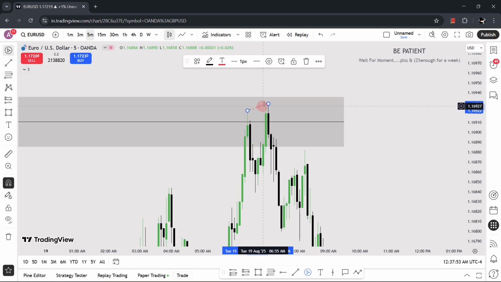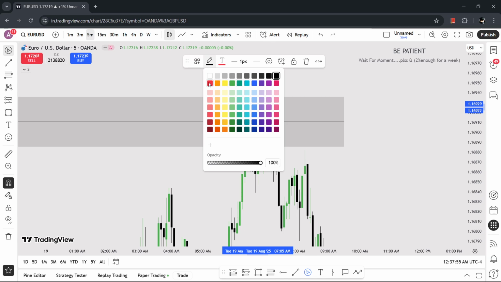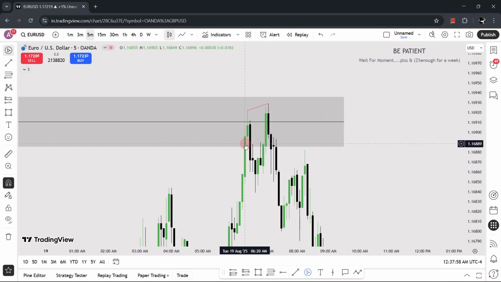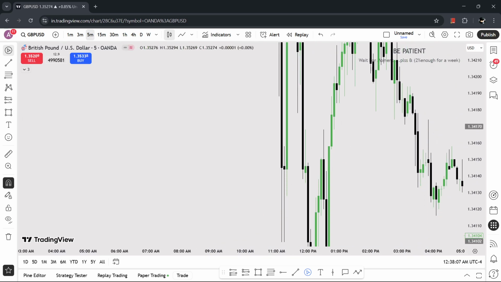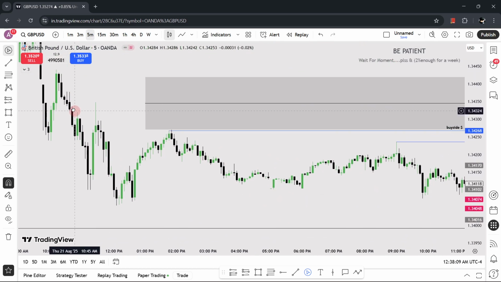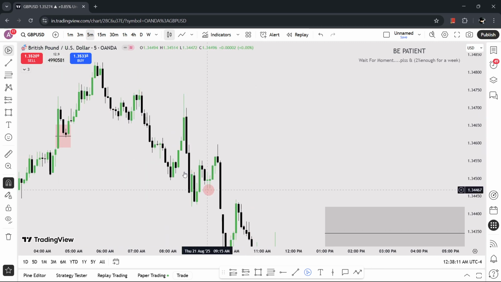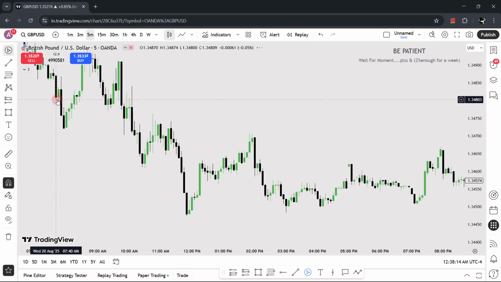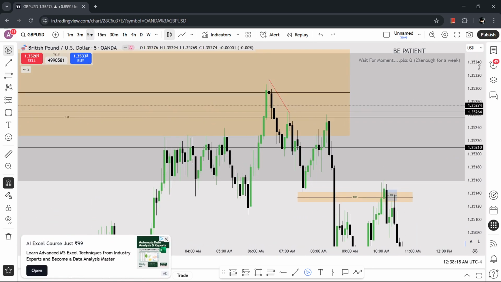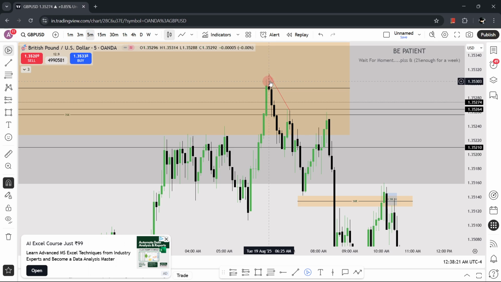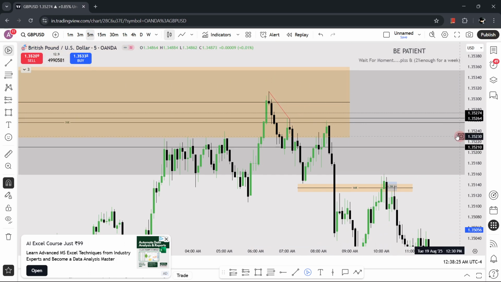So it will create an SMT with respect to GBP. Wait a second, not this timing. 6:25, 7 o'clock. So it clearly creates an SMT there.